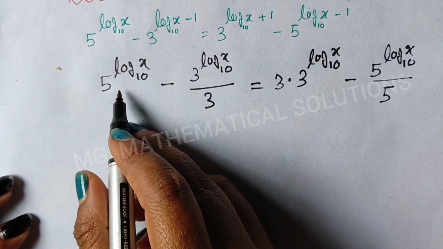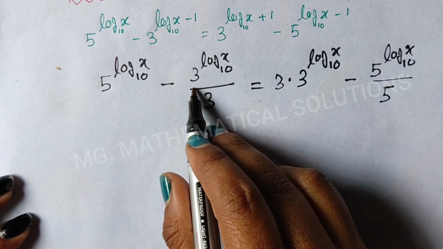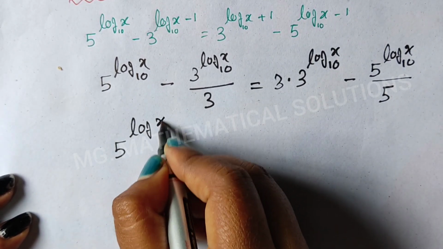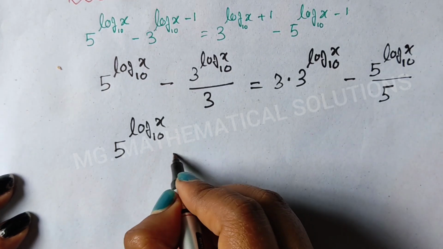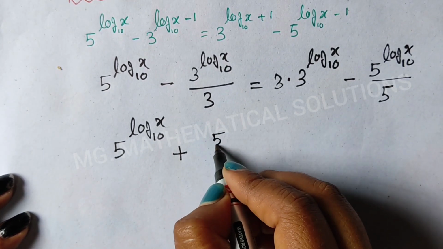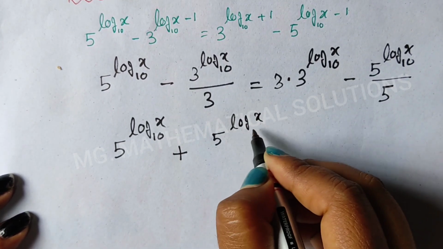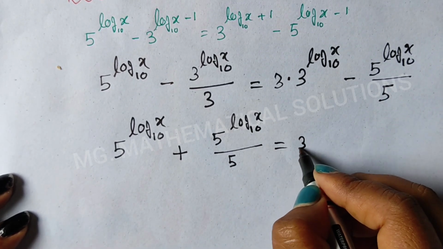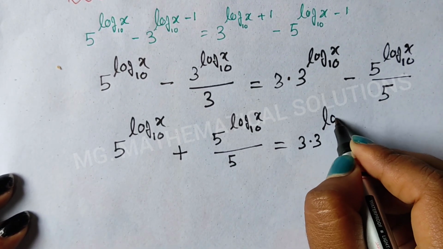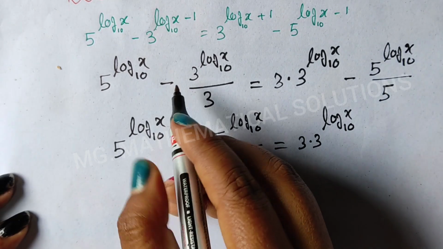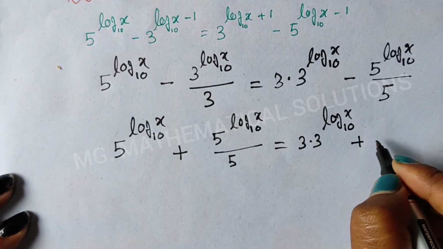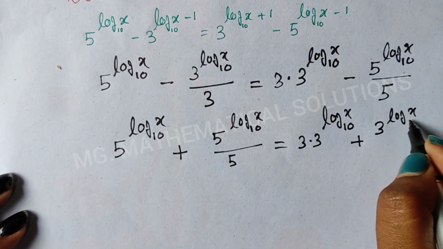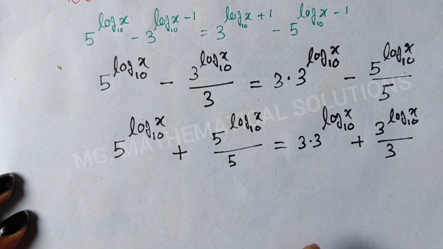Now we write this term here and this term here. So 5 to the power log x base 10 on the left-hand side, plus 5 to the power log x base 10 by 5, equals 3 times 3 to the power log x base 10 on the right-hand side, plus 3 to the power log x base 10 by 3.